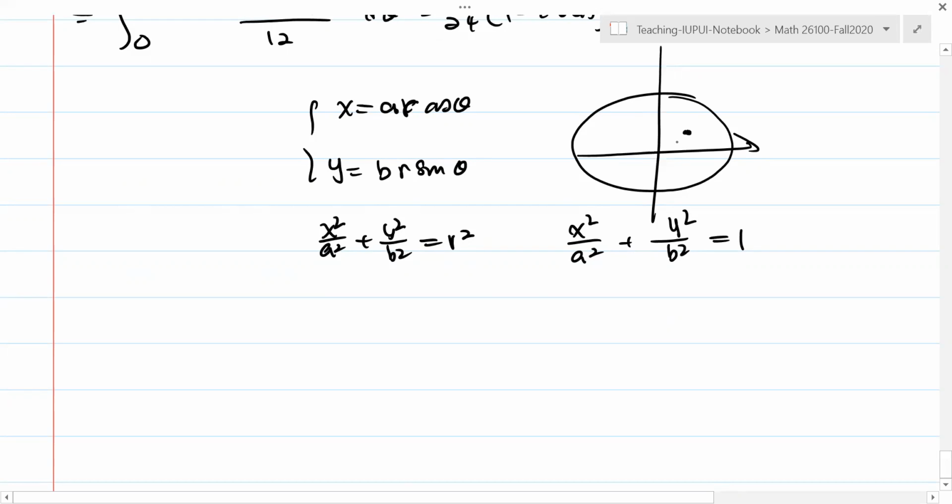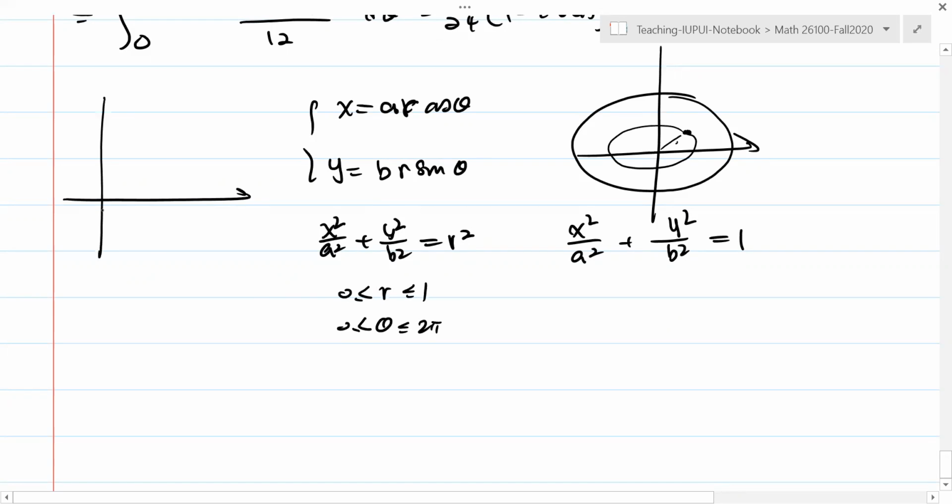So for the whole ellipse, r is greater than 0 and less than 1, and θ is greater than 0 and less than 2π. So that is my standard domain.